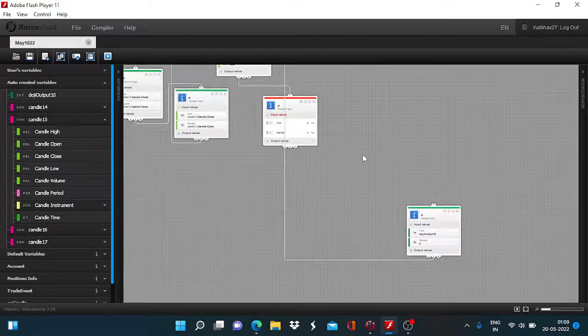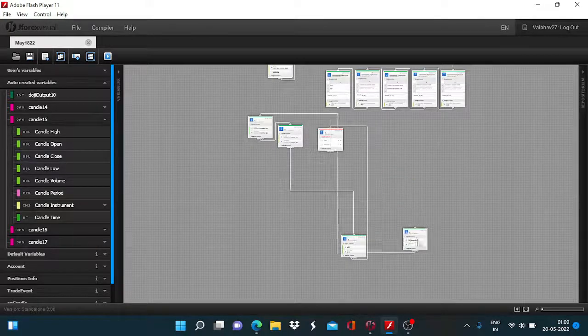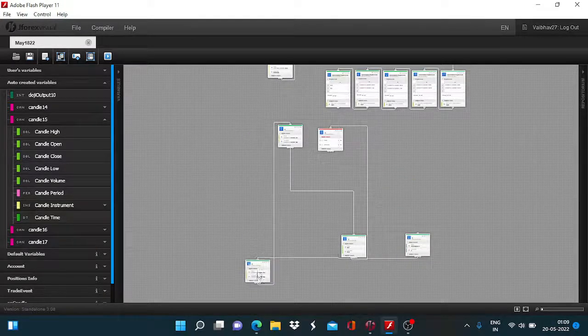Let me arrange this on the lower side so it will become easier to understand.